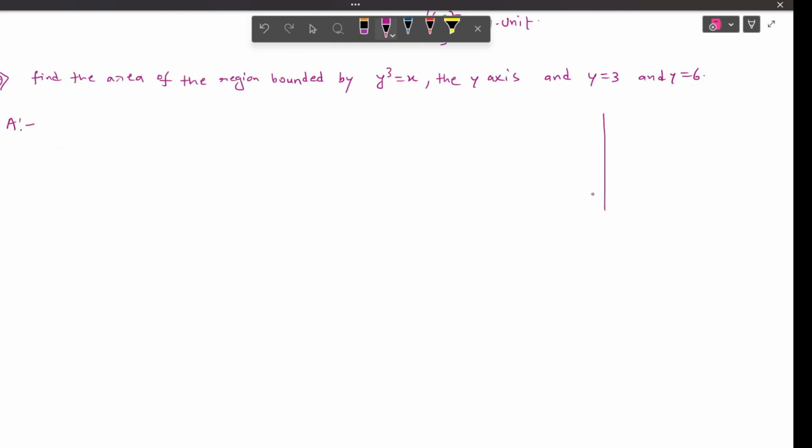Here the curve is x equals to y cube. These curves look something like this.